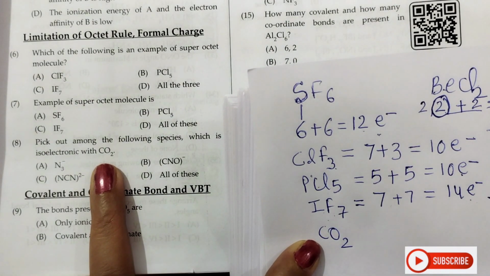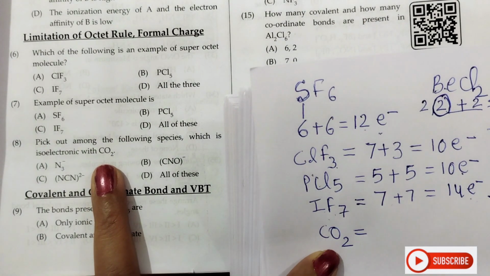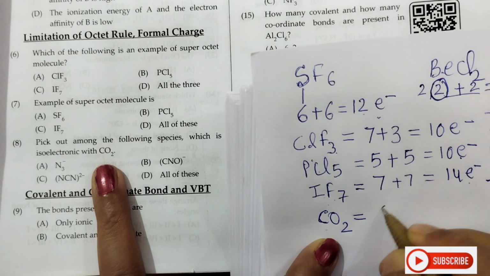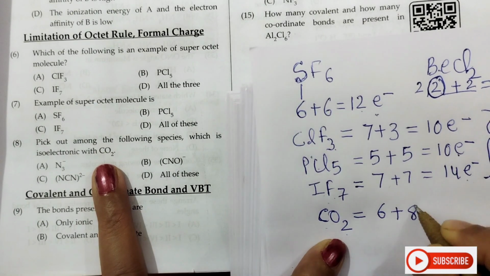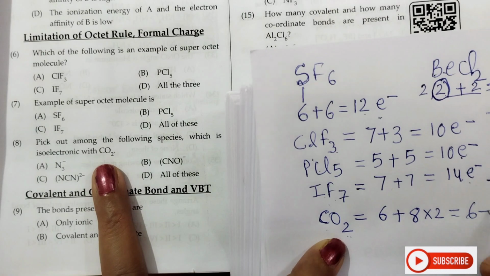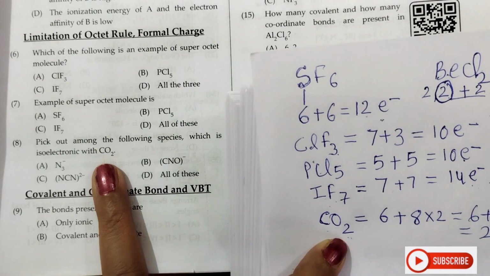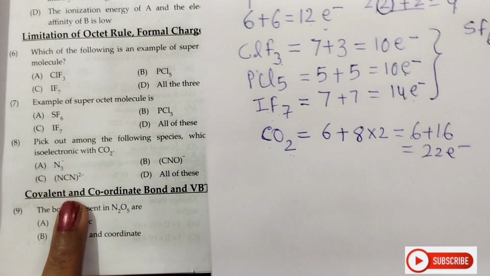Students, while calculating for this, you have to consider the atomic number of that element. Then only they will give you the total number of electrons. In carbon dioxide, you have one carbon. So carbon will contribute 6 electrons and oxygen will contribute 8 electrons each. Therefore, there are 2 oxygens. So it will come to 6 plus 16, and that will give you 22 electrons. So I have to select an option from the given one where there will be 22 electrons.